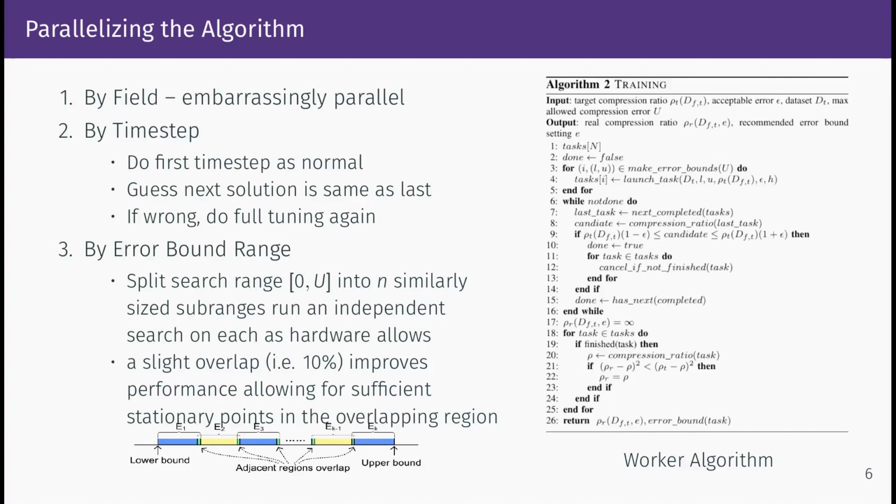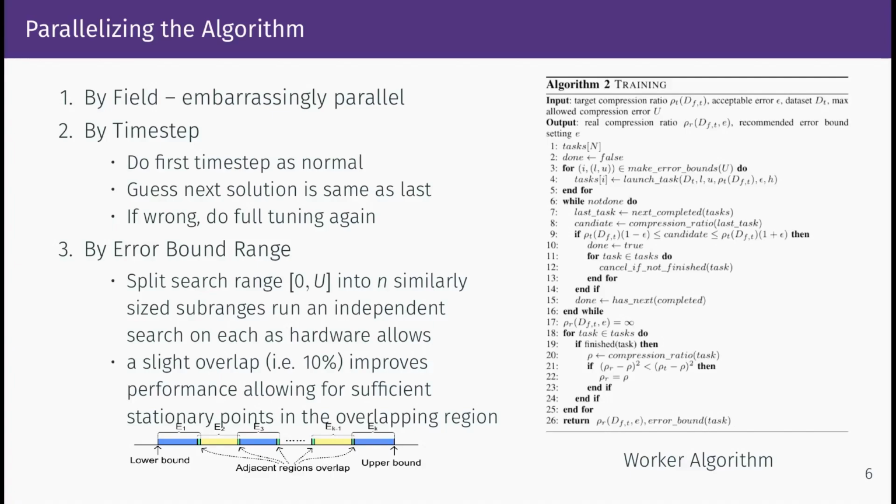to improve our performance. However, for time steps, there is often a correlation between the error configuration that works for one time step and the error configuration that works for a subsequent time step. So what we can do is treat the first time step as normal, perform a full training operation, and then after we have the first solution, we'll guess that that solution works for the next time step.